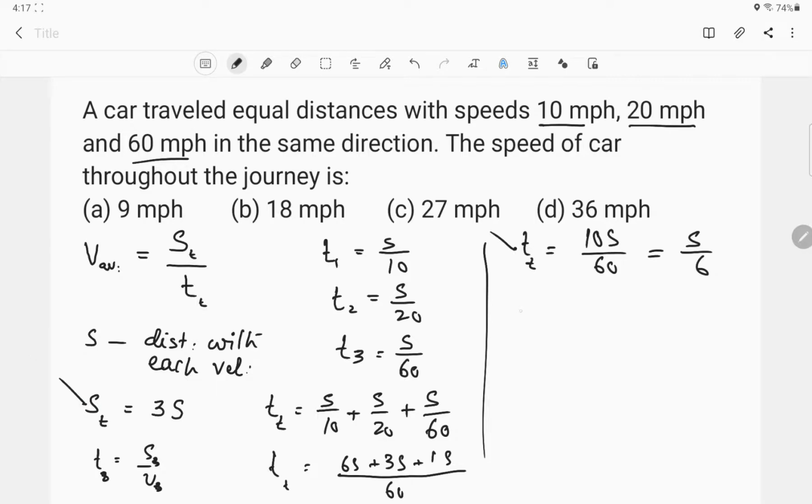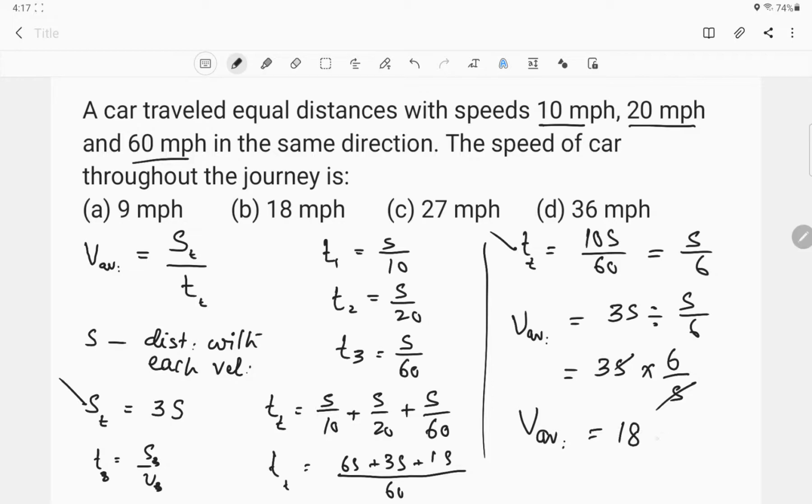Now average velocity is determined. S is 3s divided by time s by 6. So 3s multiplied by 6 by s. So s cancelled and V average is equal to 18 mile per hour.